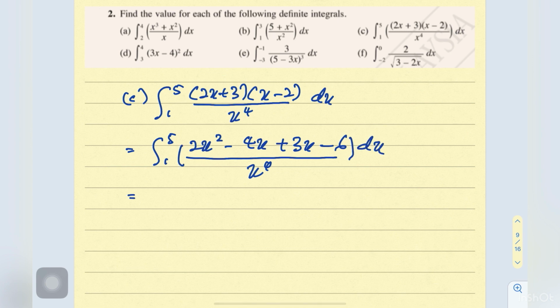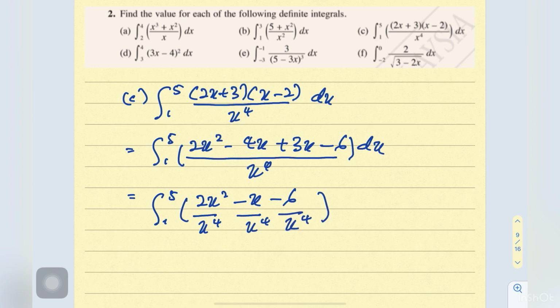So from 1 to 5. Simplify first. So 2x squared minus x minus 6, each over x to the power of 4. So dx.